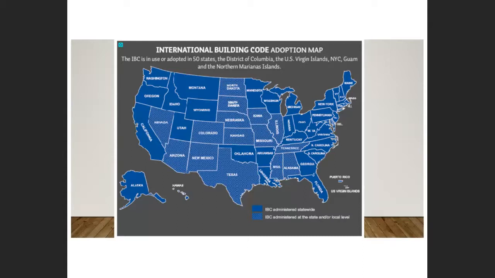I codes are model building codes that are made by the International Code Council on 3-year cycles. So we have the IBC, the International Building Code, the IRC, the International Residential Code, the IECC, the International Energy Conservation Code. So we have this whole family of I codes.